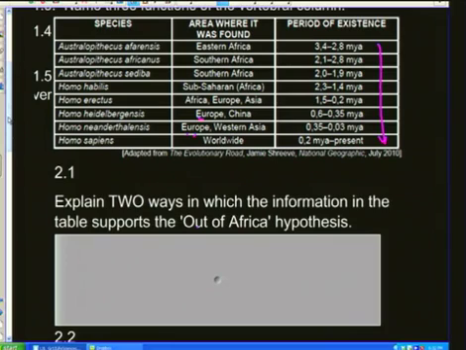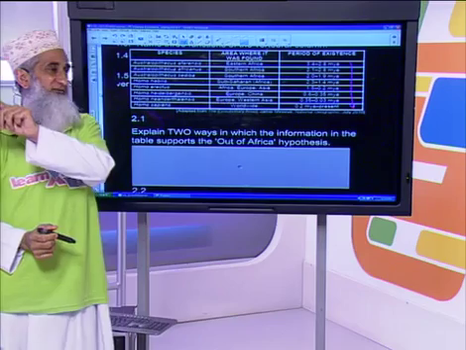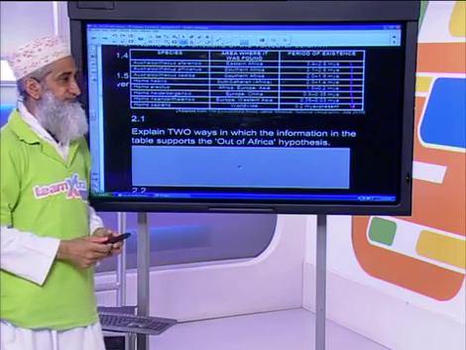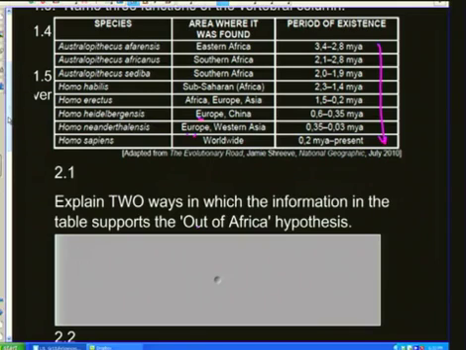Yes, sir. Right. Explain two ways in which this information supports the out of Africa hypothesis. The oldest species is from Africa. Good. The first one says that the oldest fossil was found in Africa. And what else?